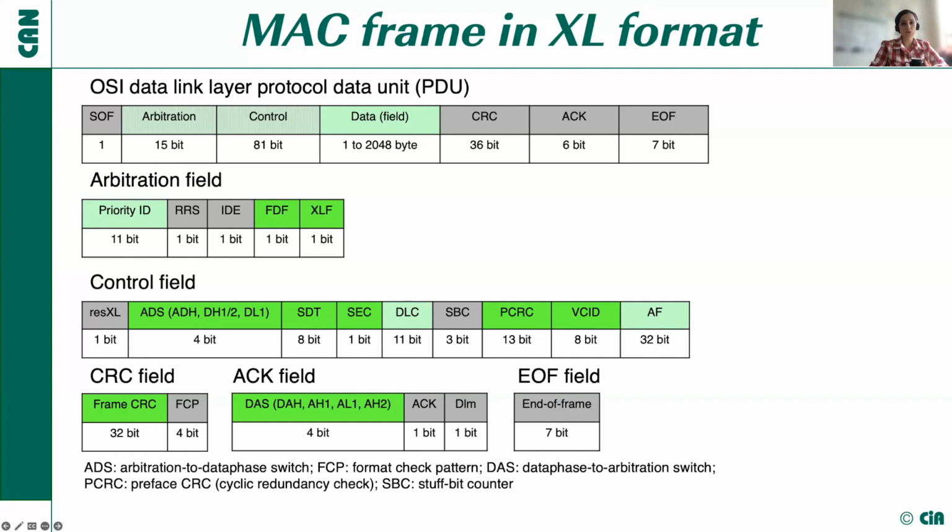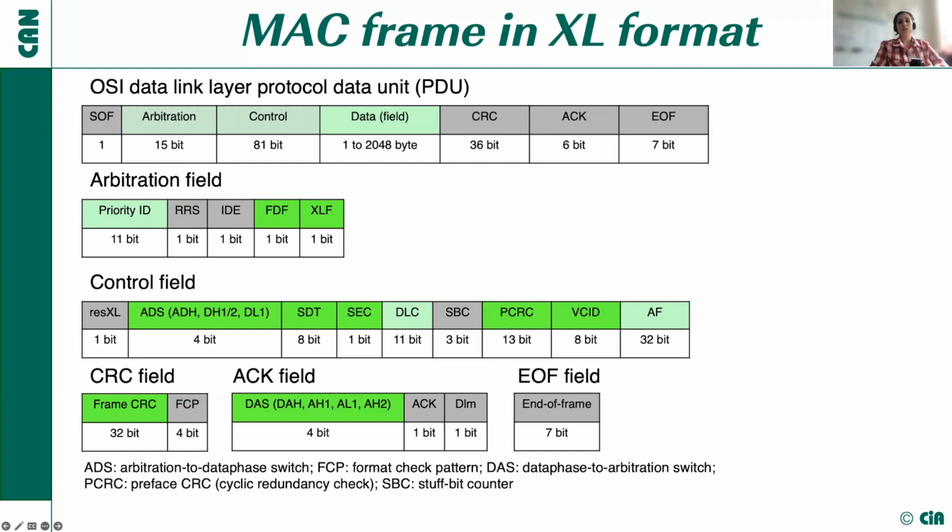I would like to emphasize the two CRCs. As you can see here, the CAN XL data frame has two CRCs: the 13-bit PCRC or preface CRC and the 32-bit frame CRC or FCRC.